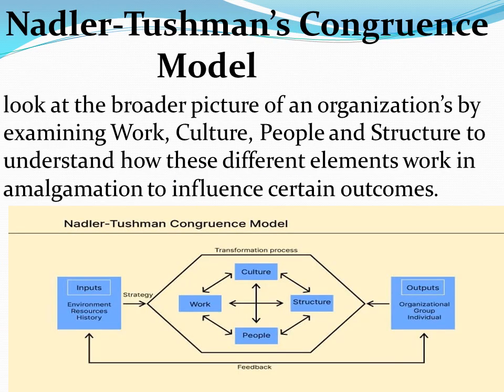The next tool is the Nadler-Tushman congruence model. In this model, we look at the broader picture of an organization by examining its work, culture, people, and structure to understand how these different elements work in amalgamation to influence certain outcomes.